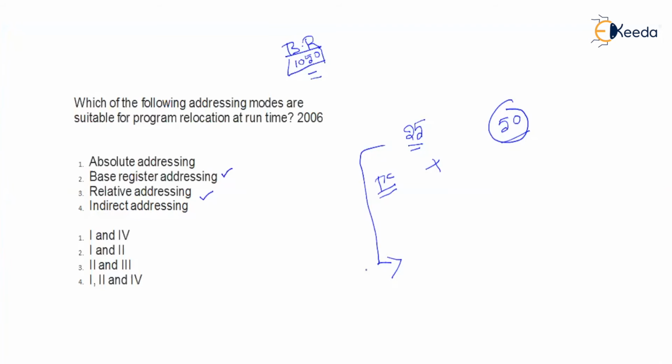So in order to branch to the desired and appropriate location within the program, when this program dynamically gets loaded into the main memory, we use two addressing modes. One is base register addressing mode, one more is relative addressing mode.